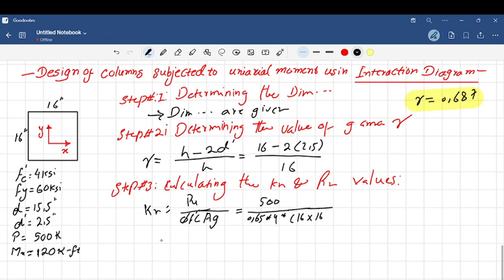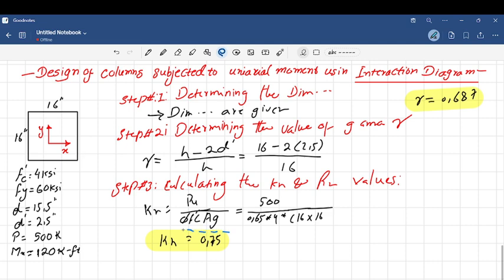So Kn equals 0.75. Let me highlight this as well, because we are going to need these factors in order to select our steel ratios.